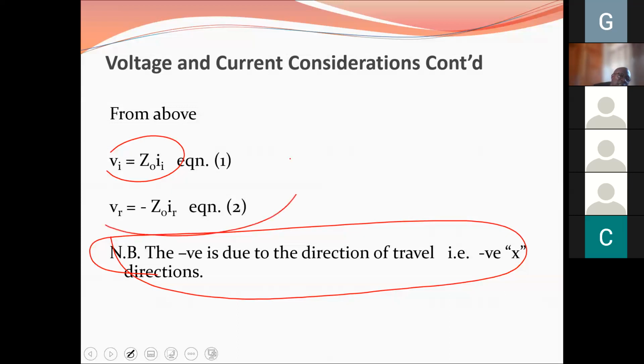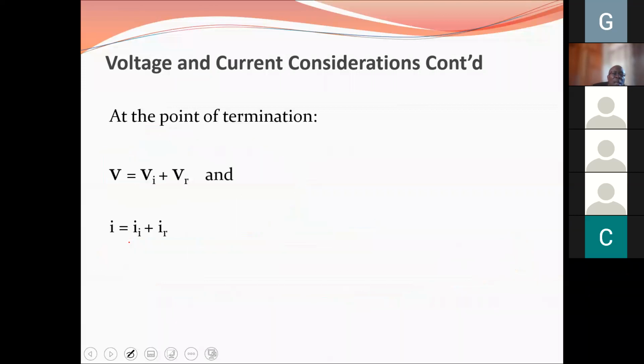So coming from the equations that we had earlier, we know the incident voltage is Z0 times I incident, and Vr is equal to minus Z0 times I reflected. So at the point of termination, really at any point, V is equal to V incident plus Vr. So it's true along the line, but it is also true at the point where it's terminated.